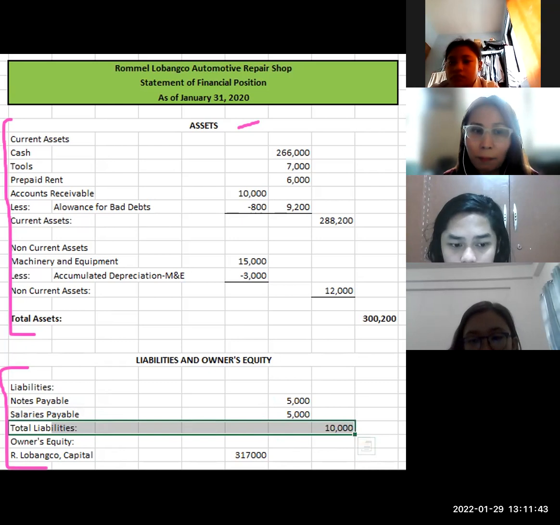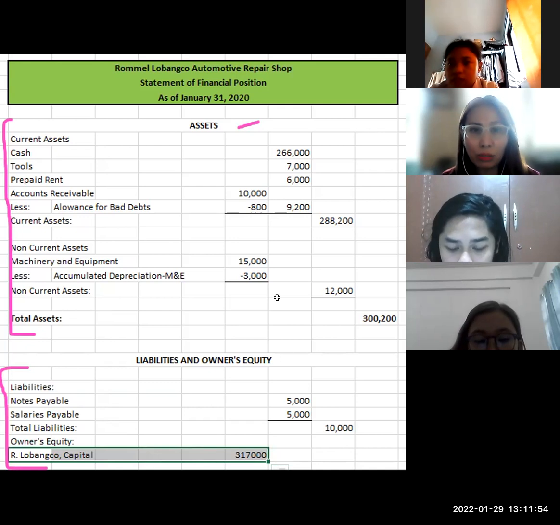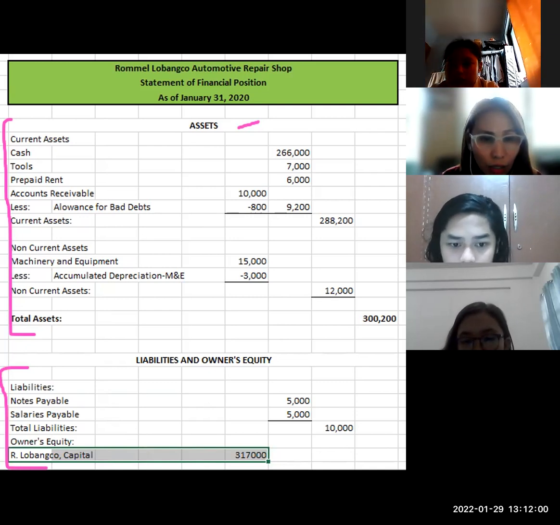10,000 pesos. Okay. Dito tayo nag-end nung last time. Arlo Banco Capital, we have 317,000 pesos. Okay, 317,000 pesos. Sige, let me show you ulit the amount.